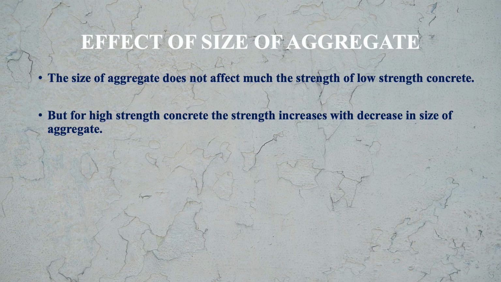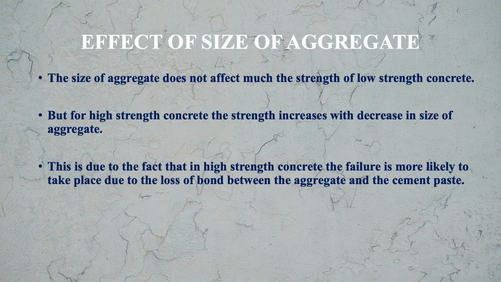But if we take the case of high strength concrete, the strength increases with decrease in size of the aggregate. So this is the difference between low strength concrete and high strength concrete: in high strength concrete the size matters, and as the size decreases, the strength of concrete increases.